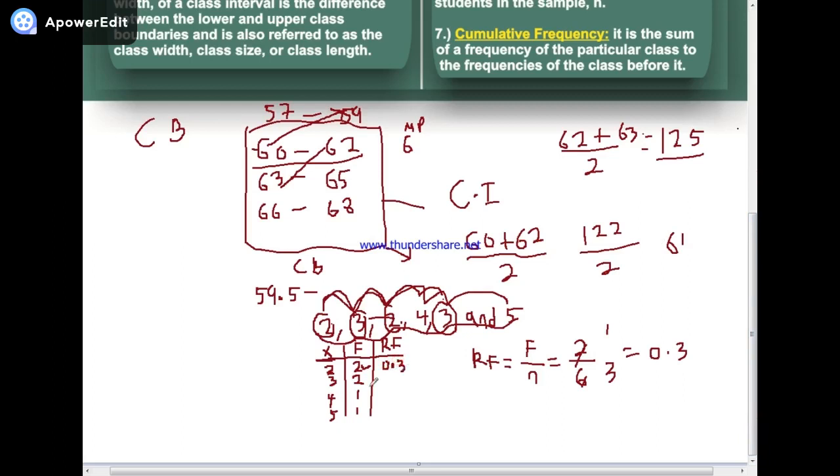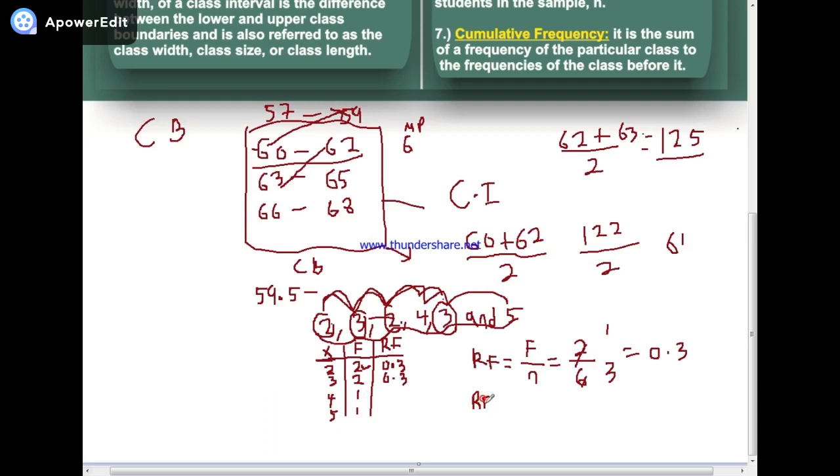Now, the relative frequency of the second frequency here is still the same thing. That is 2 divided by 6, which will give you 0.3.